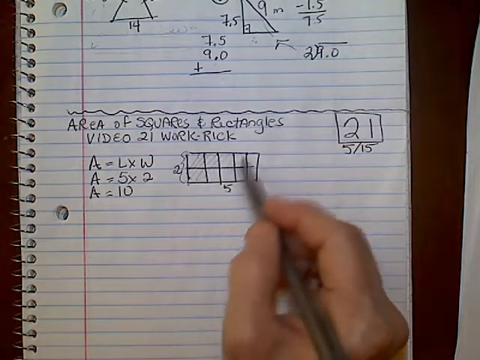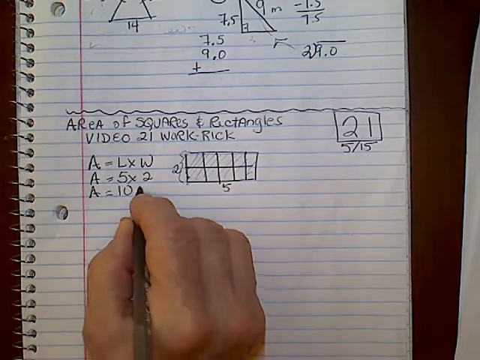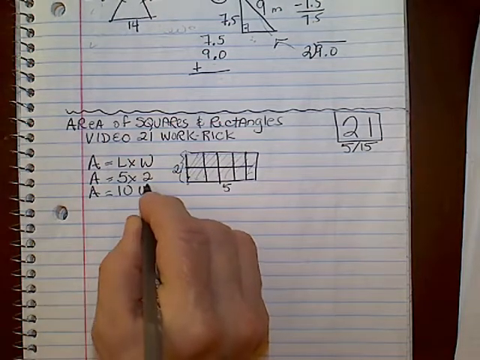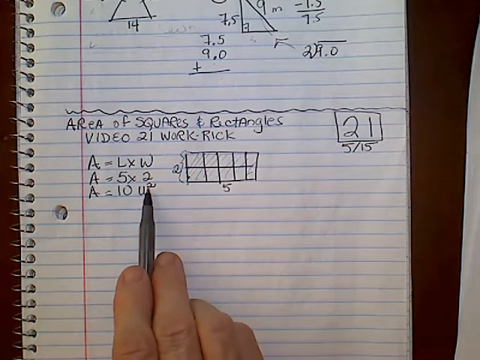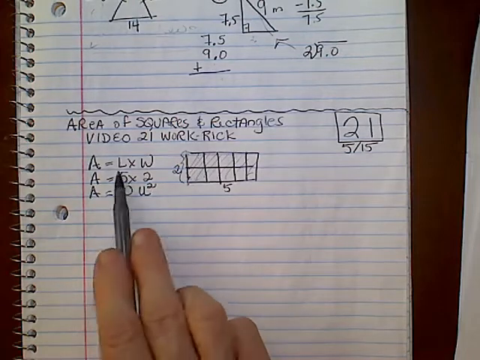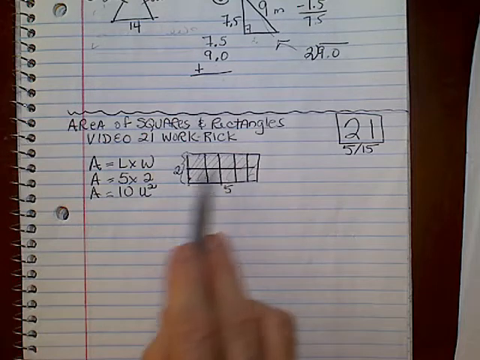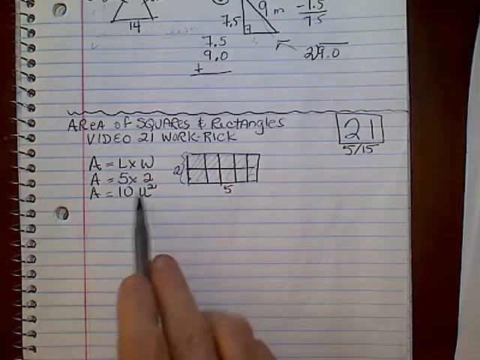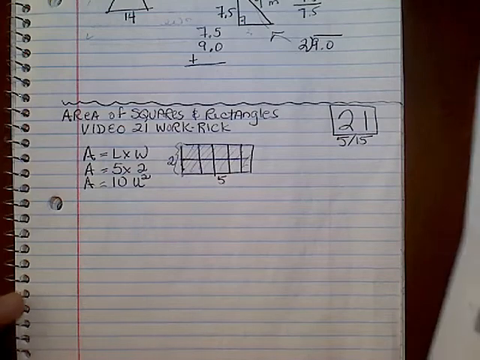So that surface area is, and I'm just going to put a U for unit since I don't know, but you need to put this little symbol, which means square. We found 2 dimensions. We took length times width. That is a 2-dimensional figure. So that is very important today that you put that square unit, whatever the unit is.